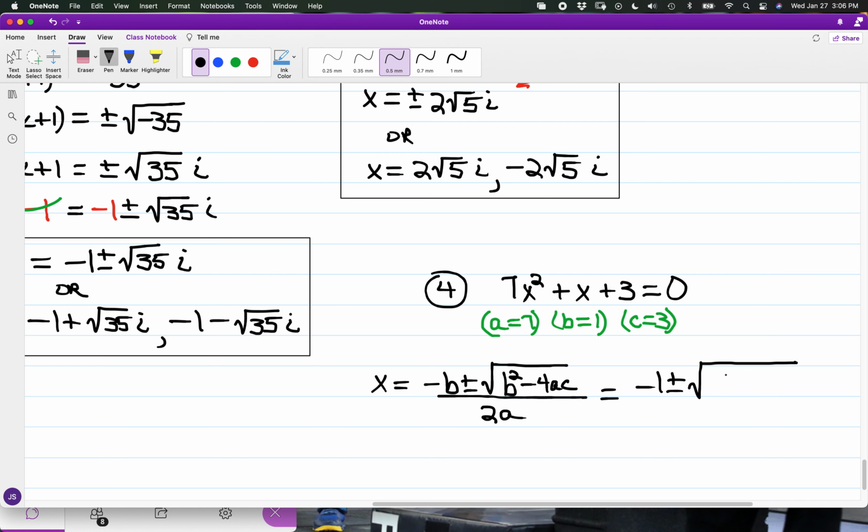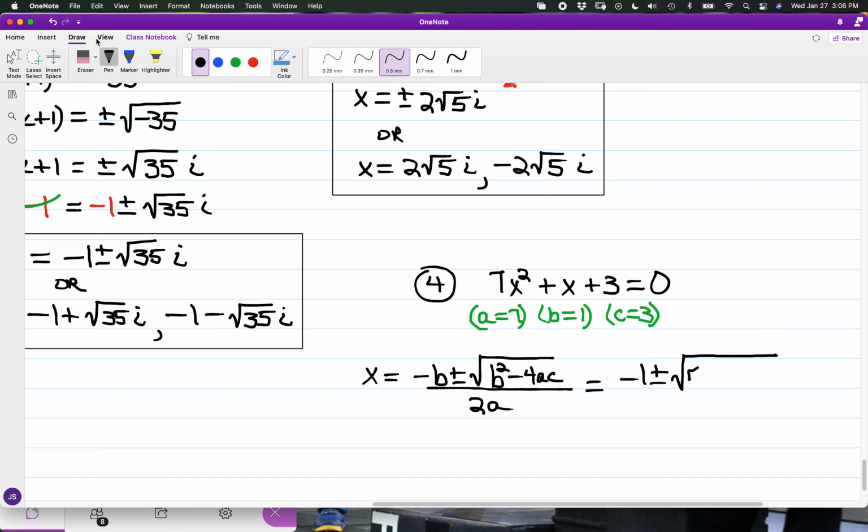Now for b squared, I have 1 squared, minus 4 times 7 times 3, and we have all over 2 times 7.